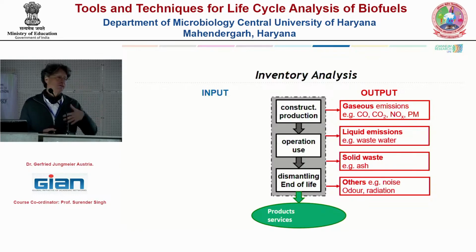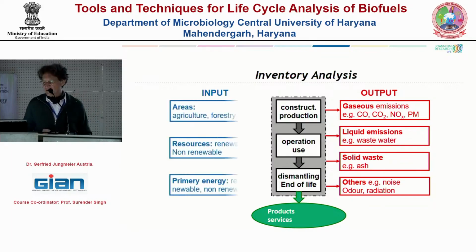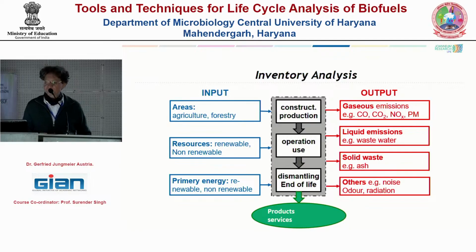If you're interested in SO2 emissions or particle emissions, it really depends on the goal and the scope. And it's not the case that in LCA you always must cover all impact categories. It really depends on what the question is, what the goal and scope is. And for these, you have to make the inventory analysis.